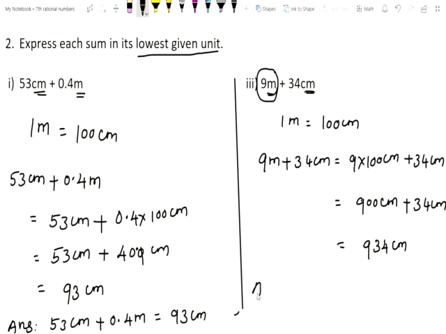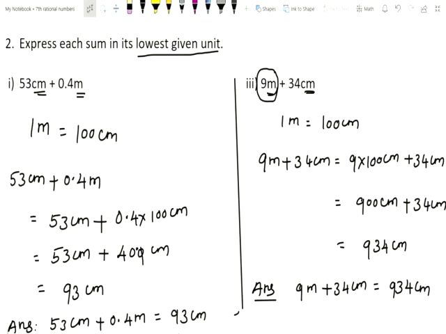So what is the answer, children? 9 meter plus 34 centimeter equal to 934 centimeter. You understand, children?